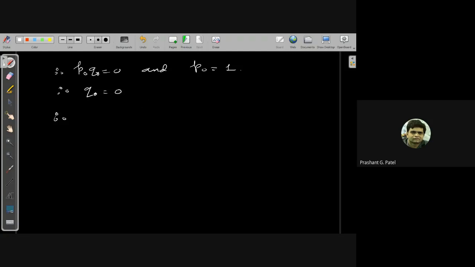Therefore the unique initial strip is p0 equal to 1 and q0 equal to 0. Now we have to write down the characteristic equations.